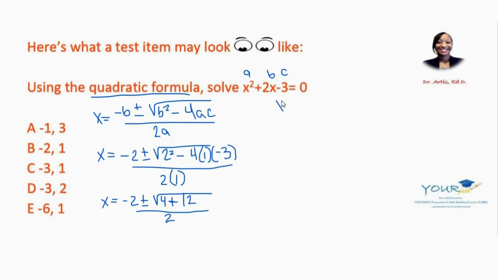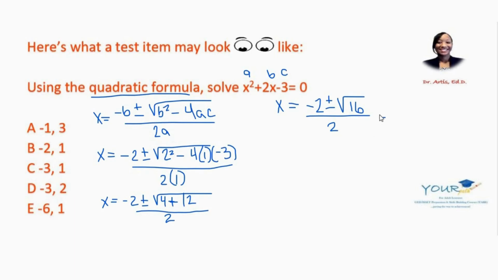So now we're going to solve further. So here we have x equals -2 plus or minus the square root. 4 plus 12 will give us 16, and this divided by 2.